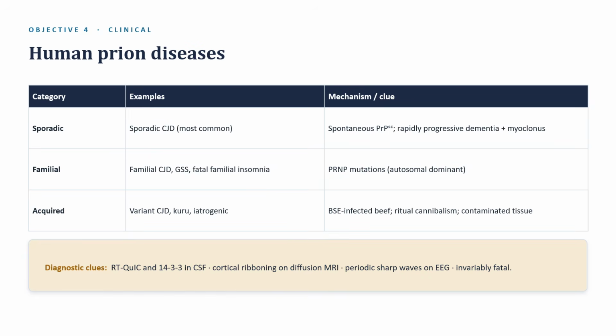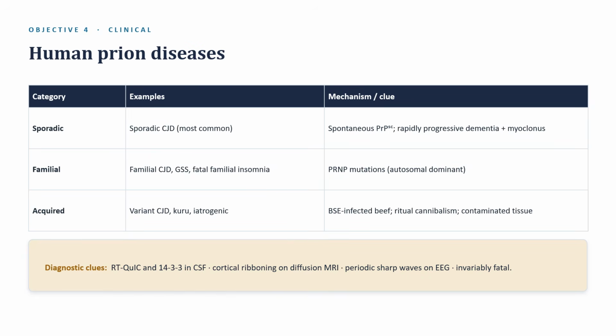Human prion disease comes in 3 flavors, and the exam wants you to recognize all 3. Sporadic Creutzfeldt-Jakob disease is by far the most common. PrPSc arises spontaneously, and it presents as a rapidly progressive dementia with myoclonus.